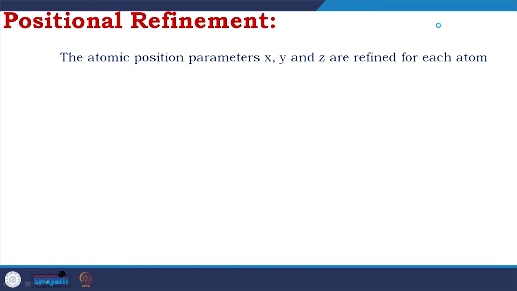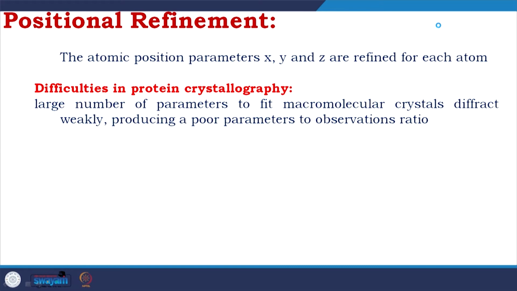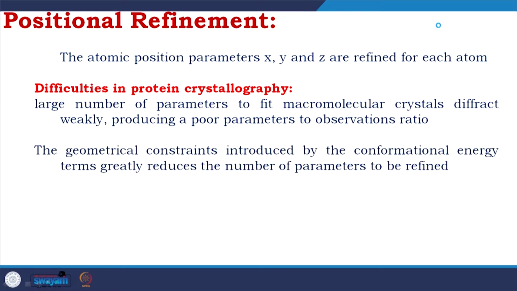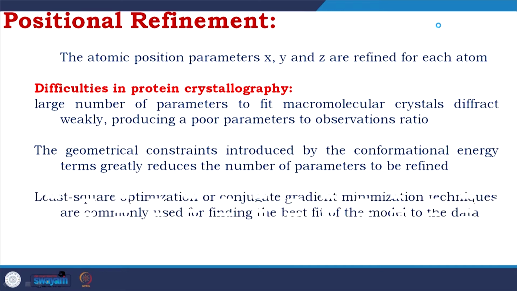Coming to the positional refinement, the atomic position parameters x, y and z are refined for each atom. There are difficulties in protein crystallography. A large number of parameters have to be fit in macromolecular crystals, especially those which diffract weakly, producing a poor parameter to observation ratio. The geometrical constraints introduced by the conformational energy terms, which are bonded terms, greatly reduce the number of parameters to be refined.